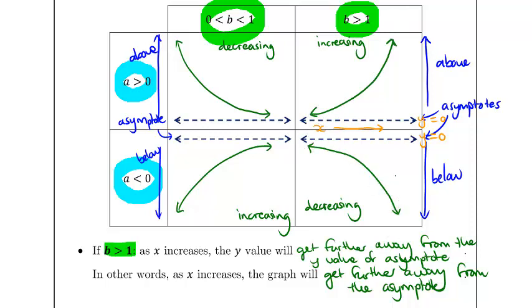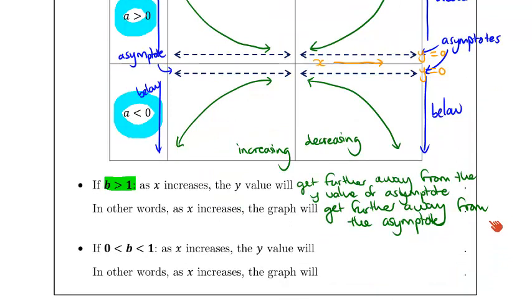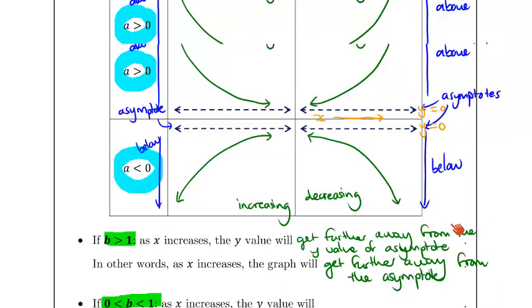Now, conversely, guys, we can say that if b was between 1 and 0, so if it was some kind of positive fraction value that was less than 1, then as x increases, what does the y value do this time?